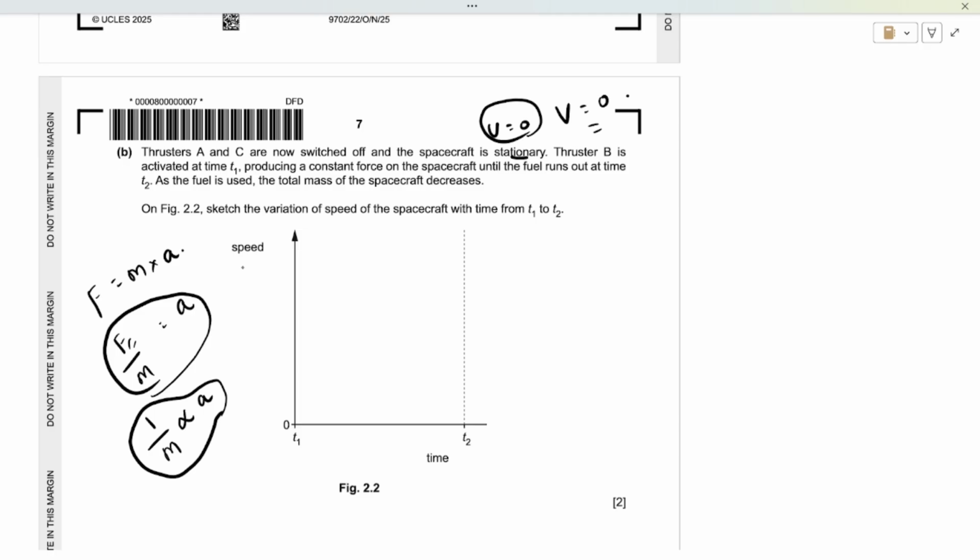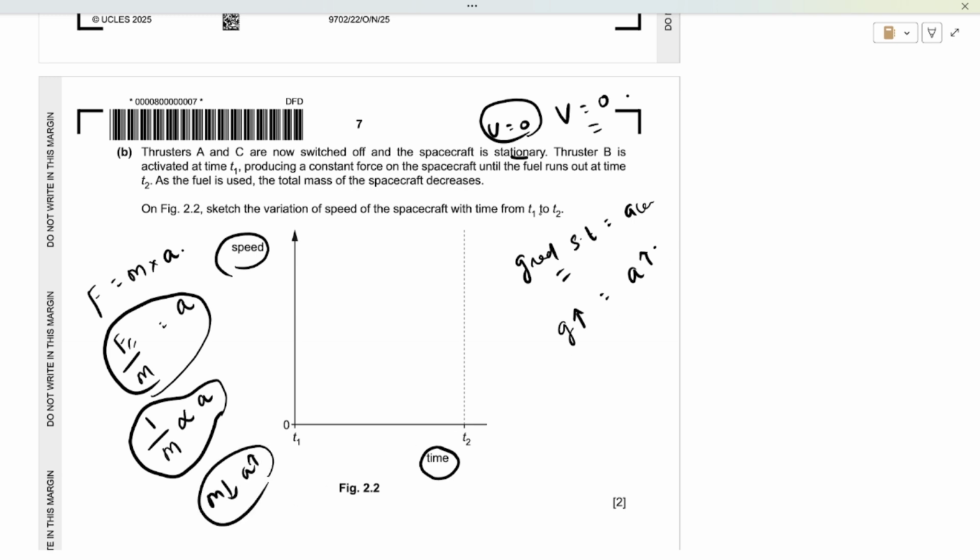Okay, so what is happening here? They had given us the speed-time graph. We know that the gradient of the speed-time graph will give us acceleration. So if the gradient increases, the acceleration will increase. Since the mass is decreasing, the acceleration will increase, so the gradient is also going to increase. So what can we do?